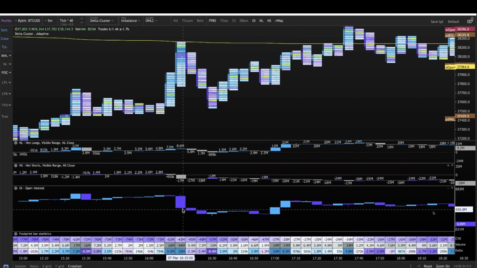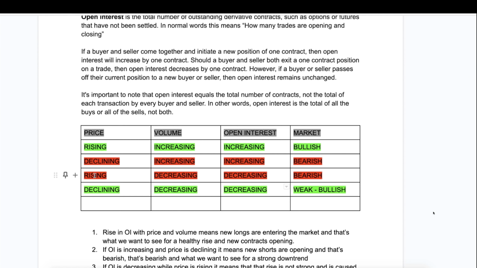There are trades closing, telling us this is a weak move. There's not a lot of volume behind this move. There's not a lot of buyers coming in who are going to push this to the upside. So that's a very weak move to the upside, which is why, even though price is rising, open interest and volume are decreasing. That is a bearish trend.